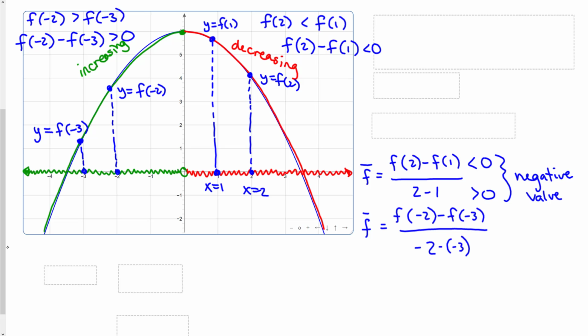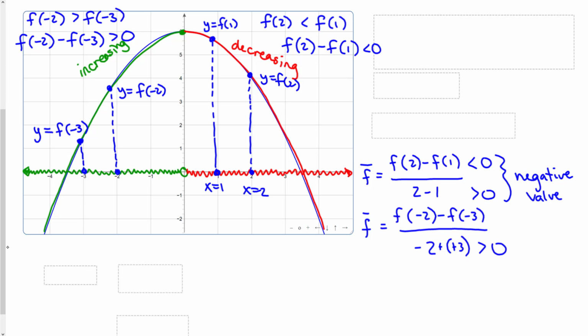Negative 2 minus negative 3, if you'll notice, is negative 2 plus 3, which is positive. Of course, it's positive 1, but my point is this will always end up being positive in the denominator because we're going from smaller numbers to larger numbers.